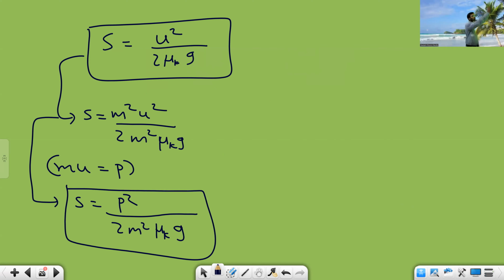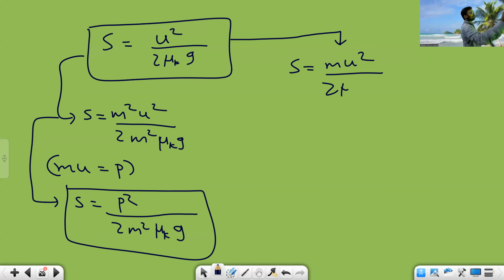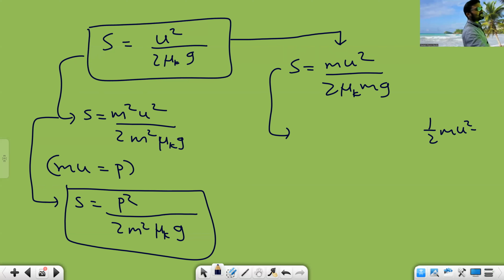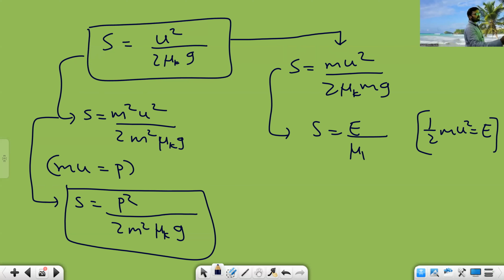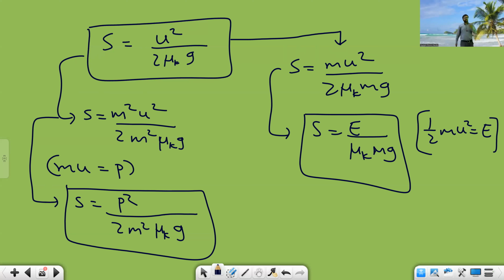In the same formula, they multiply numerator and denominator with m. So 2 mu K mg, they wrote m and m in numerator and denominator. Then half m u square is nothing but kinetic energy. I'm writing it as E. So S is equal to E by mu K mg, where E is kinetic energy.